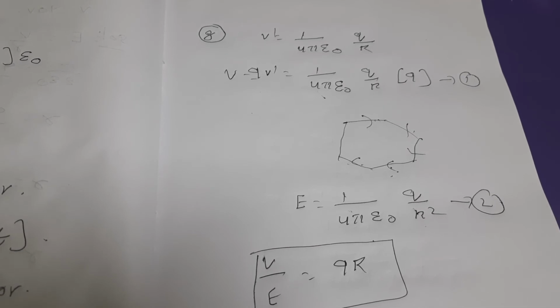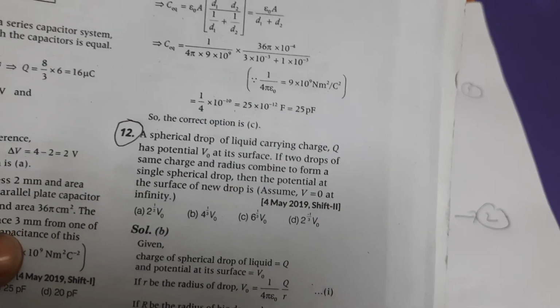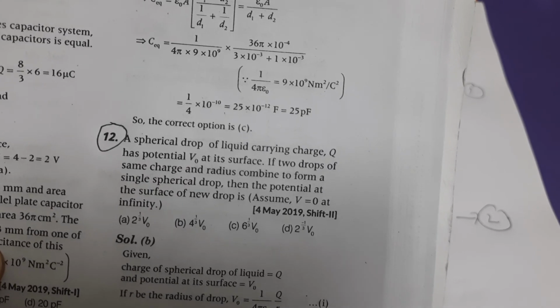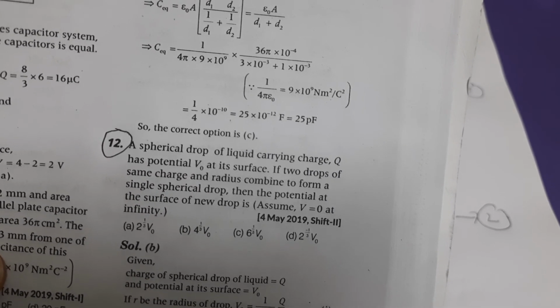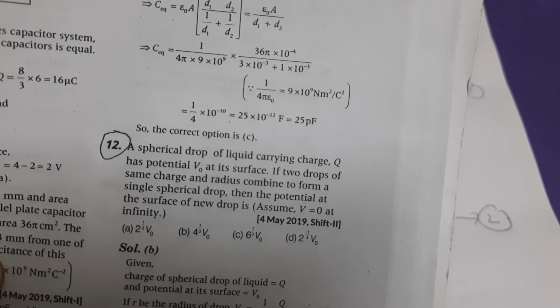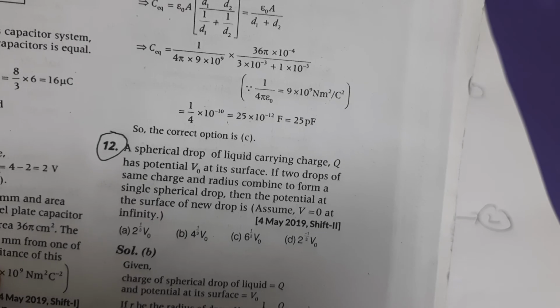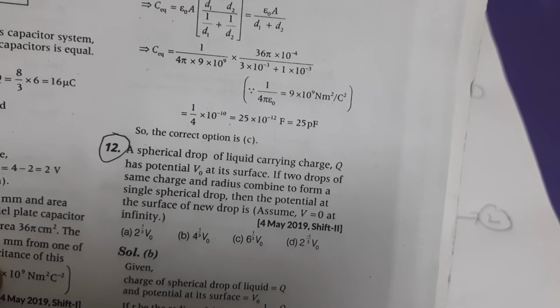Then we are going to discuss the next question. Look here. See, this is also very easy. Already we have done the same model. A spherical drop of liquid carrying charge Q has a potential V naught at its surface.